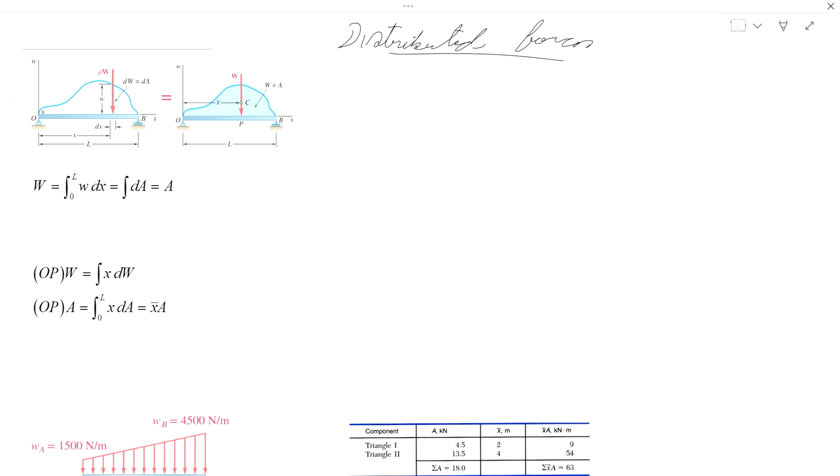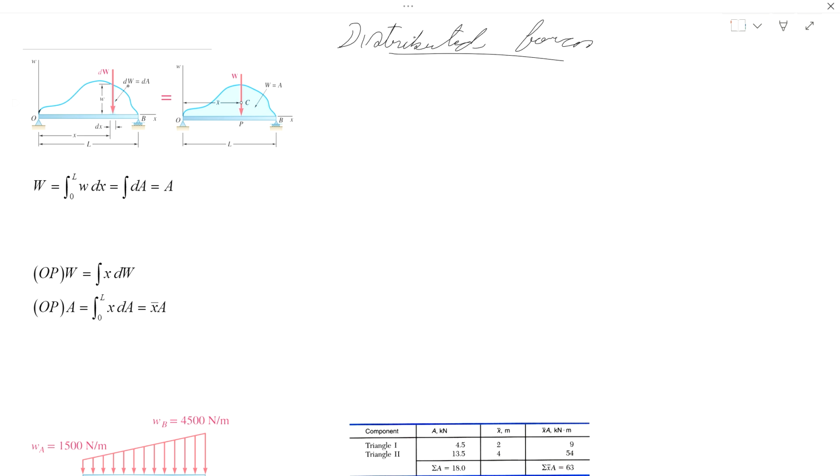So starting from the left-hand side, if we assume that we have a distributed load, dW, for weight or force because of a weight, let's say, it is also going to be the same. Just a coincidence that the force is going to be the same as the area, like one by one cube is 1 kilogram or 1 Newton, something like that.